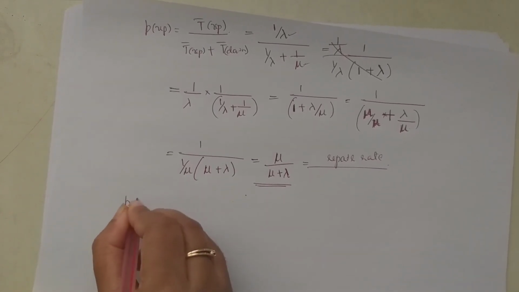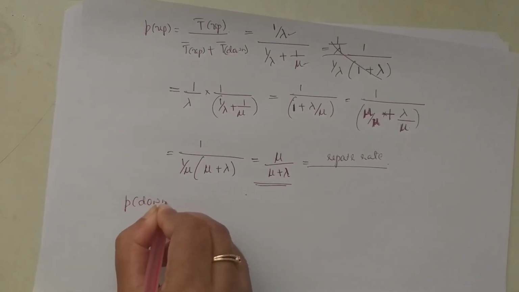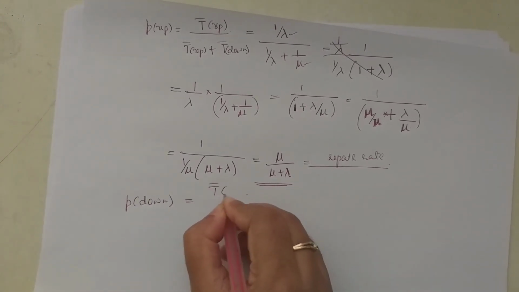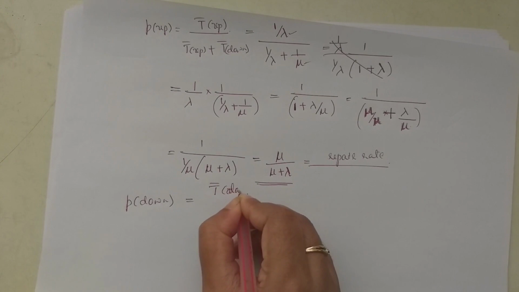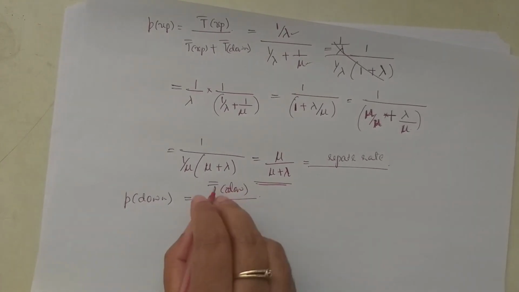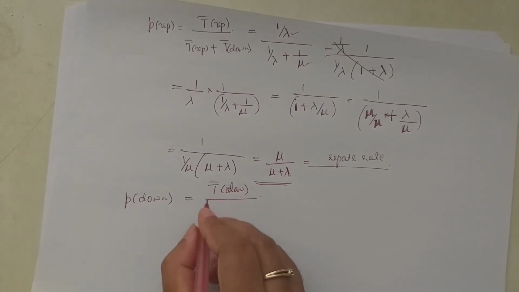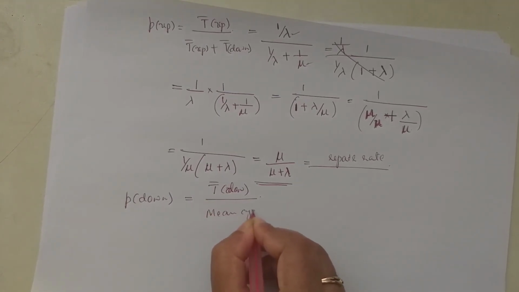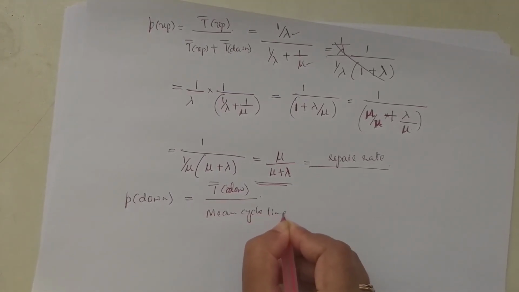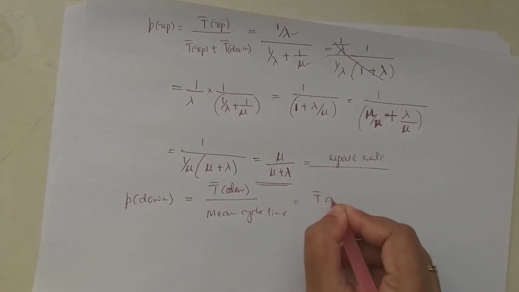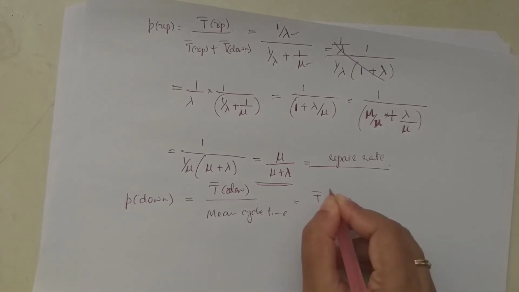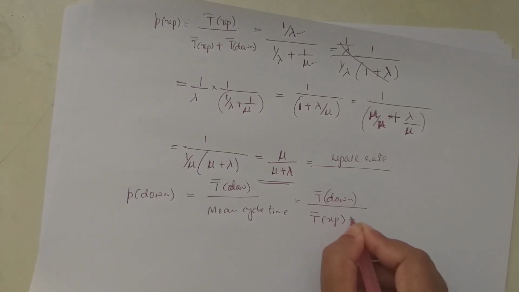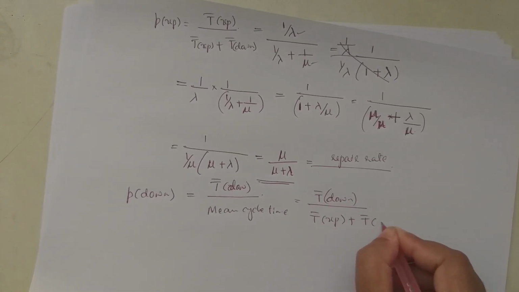Similarly, the probability of unit being down, P down, is equal to the ratio of mean downtime to the mean cycle time. That is T down divided by T up plus T down.